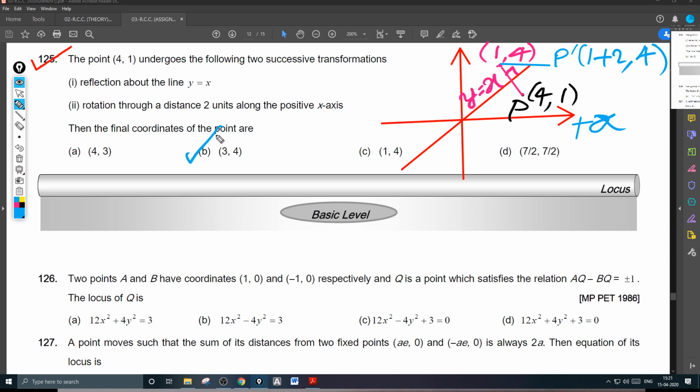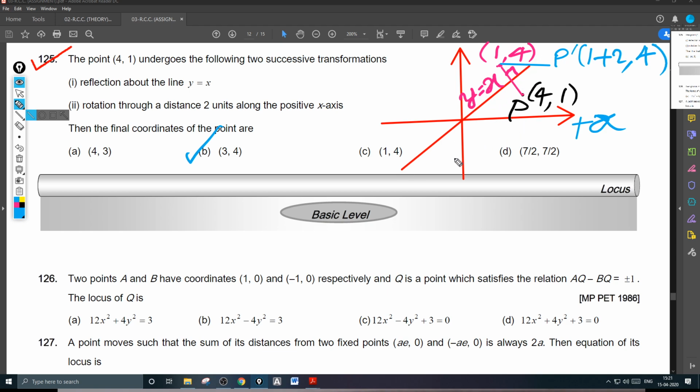Let me re-explain it. What is it? A point (4, 1). This is the point (4, 1) here. It is reflected in the line y is equal to x.